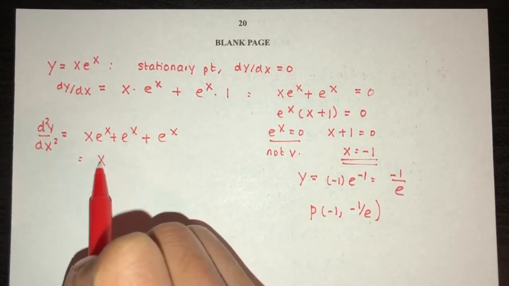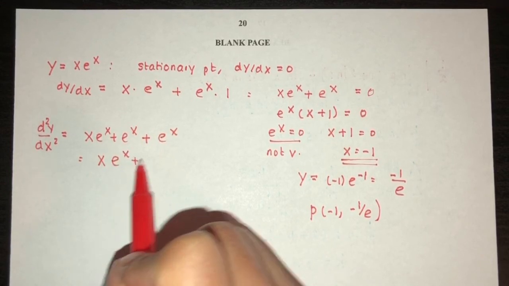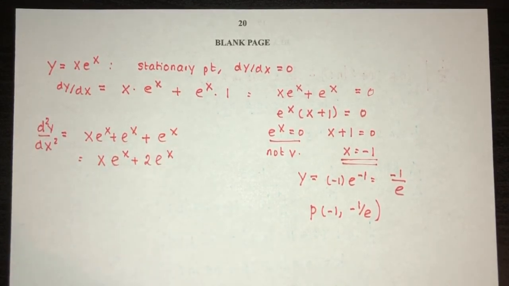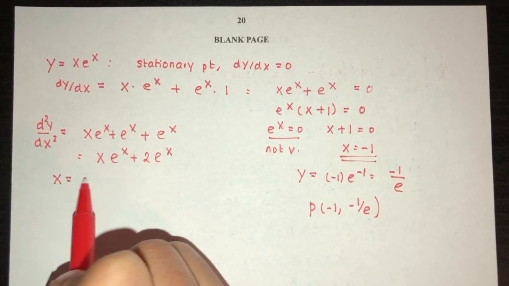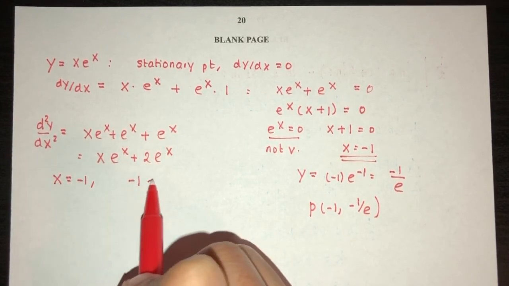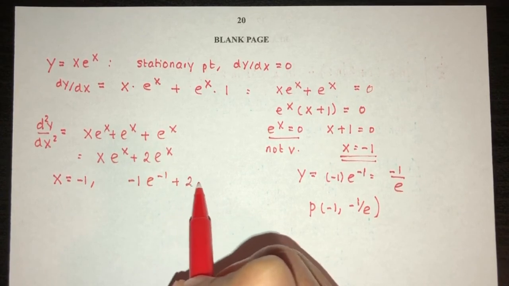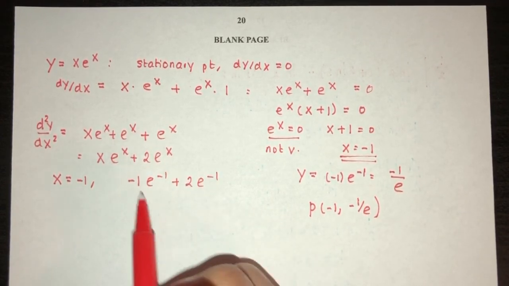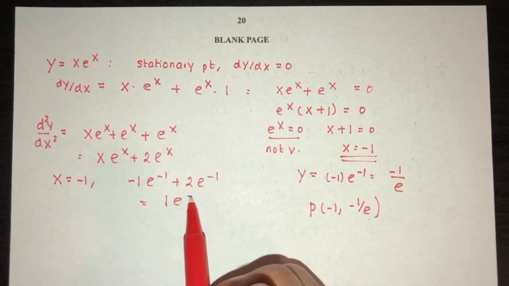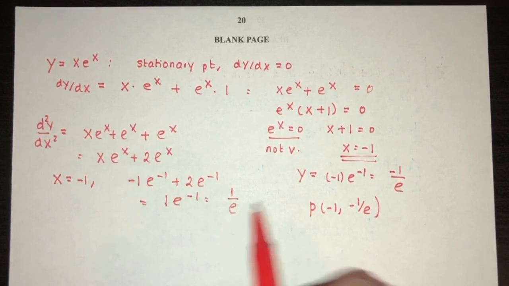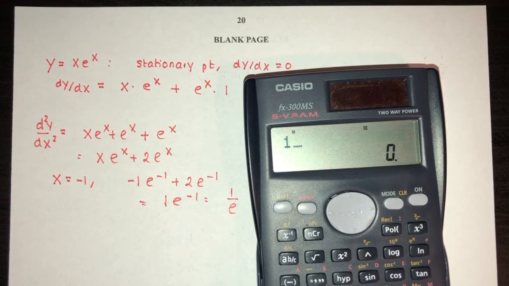So you have x exponential x plus 2 exponential x. Okay, so now we have to find the nature. We have to replace the value of x by minus 1. You have minus 1 exponential minus 1 plus 2 exponential minus 1. That will become 1 exponential minus 1, which is 1 divided by exponential, which is a positive value. Let's check.